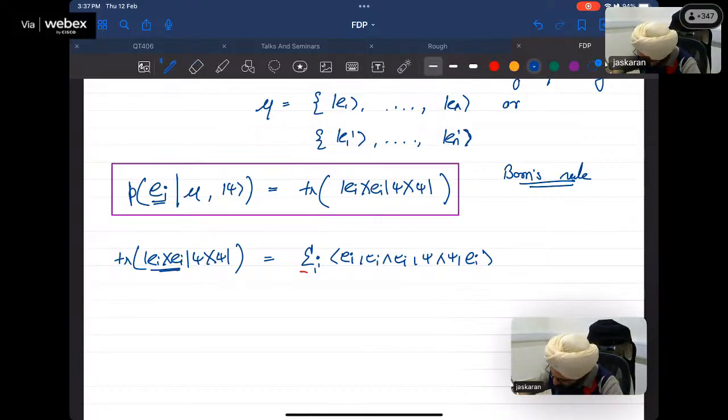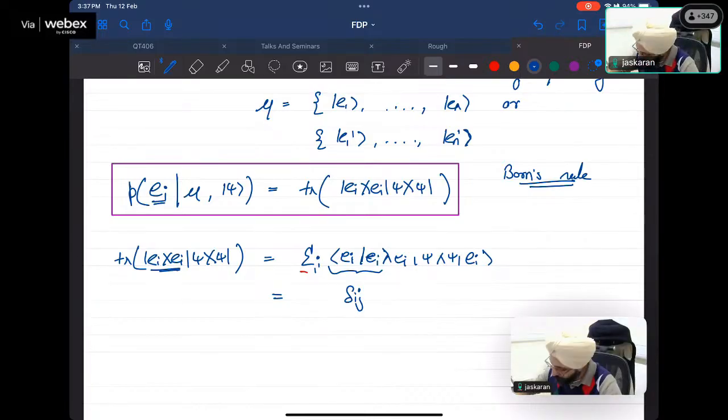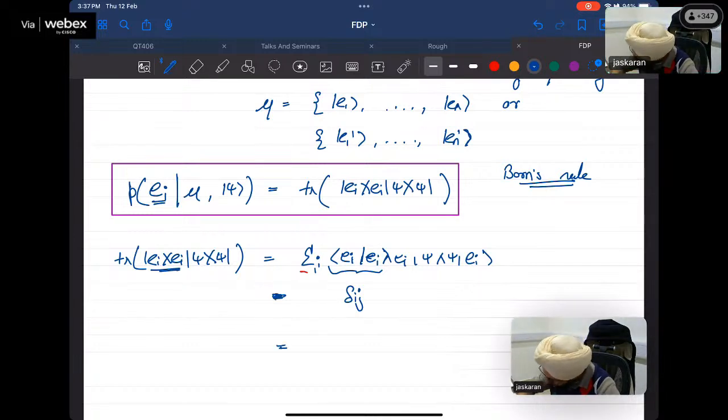So this is equal to, so this particular quantity gives me delta Ij because they are orthonormal to each other. Okay. And this gives me EI psi psi EI.